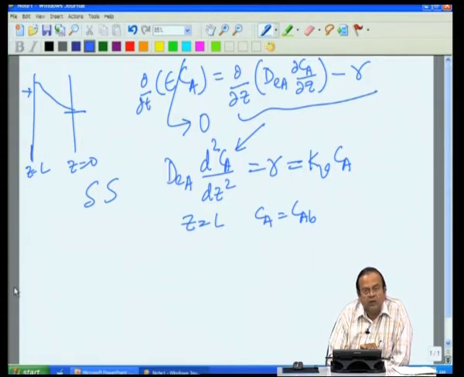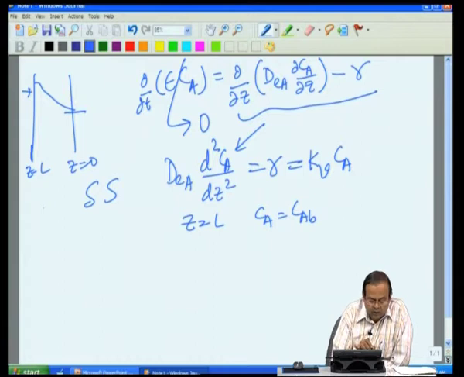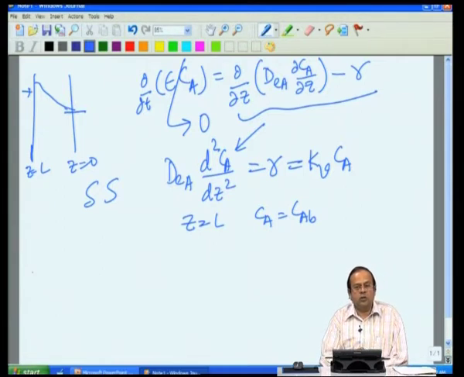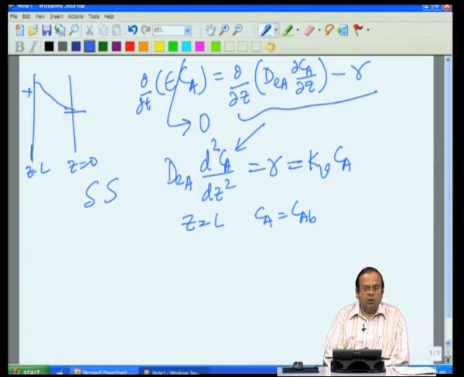So, that condition can also be written as, what it means is that if you have a catalyst which is exposed to the gaseous reactant from all sides, then at the center point, if it is a symmetric case, material cannot flow from one region to another.